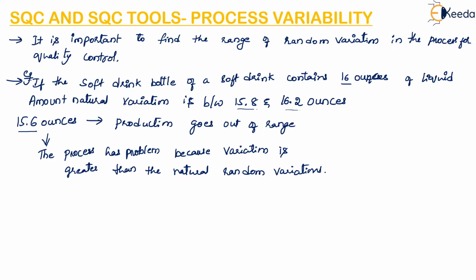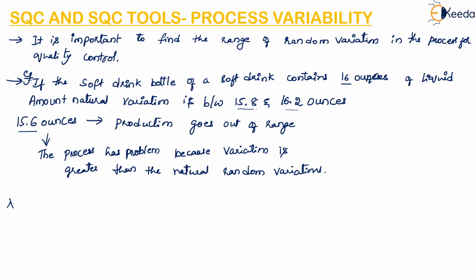So we know the common or random causes of variation. The second type of variation that we can observe involves those where the causes can be precisely identified and eliminated. I have already told you the random variations or the common variations, we cannot identify them and they are unavoidable.